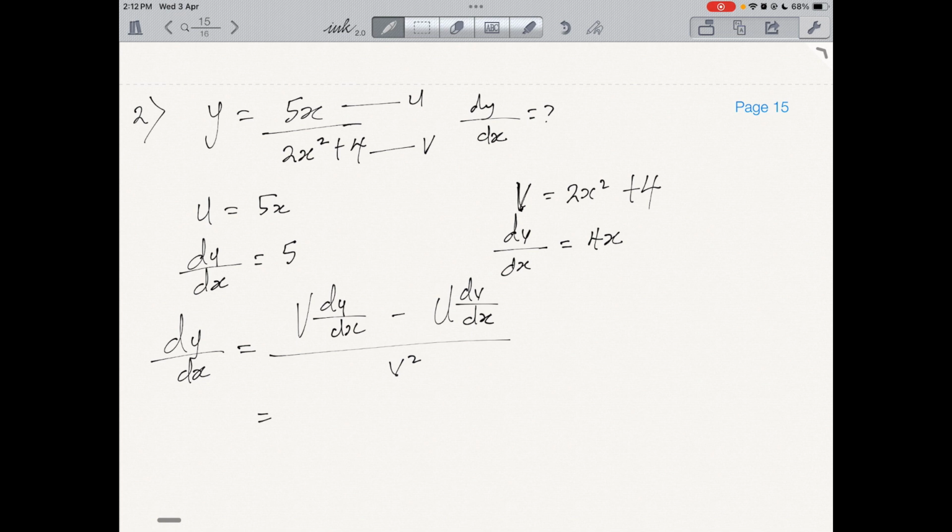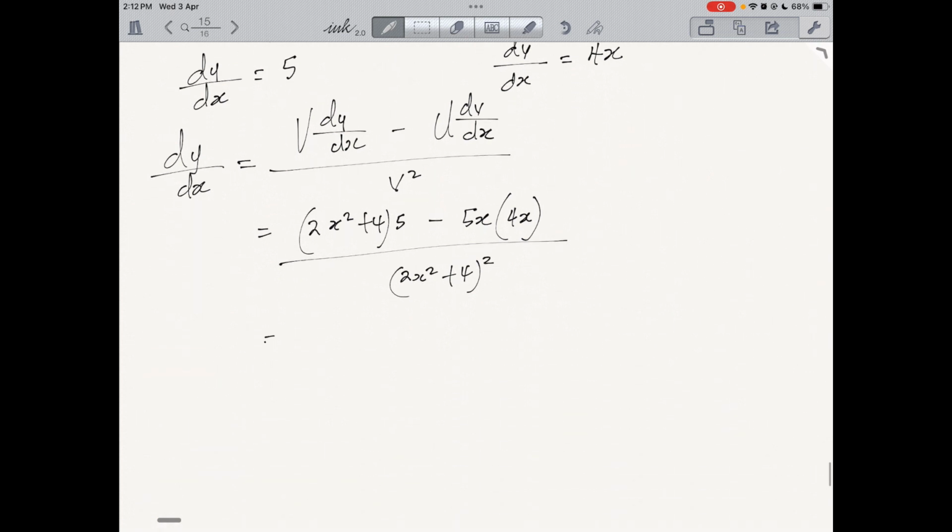And our v is 2x squared plus 4. Our du/dx is 5, minus u, which is 5x, and our dv/dx, which is 4x, divided by our v squared, that's 2x squared plus 4 all squared.